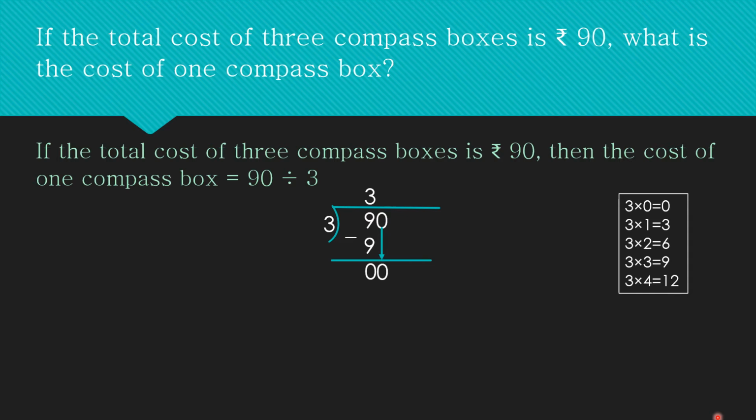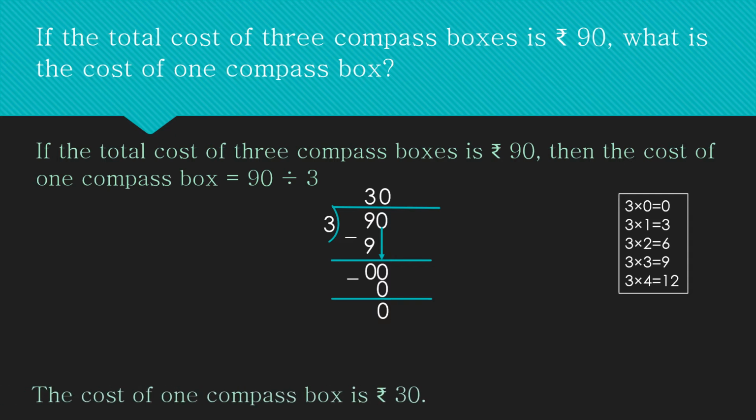Now we will do again division by 3. 3 zeros are 0. 0 minus 0, 0. Now we got your answer, that is 30. We will write in statement. The cost of one compass box is rupees 30.